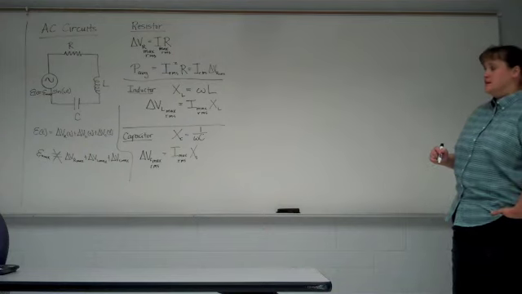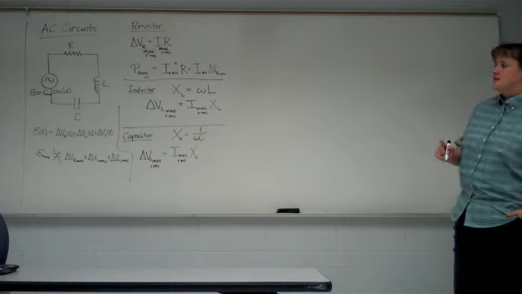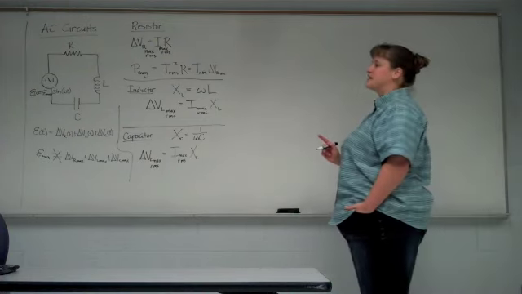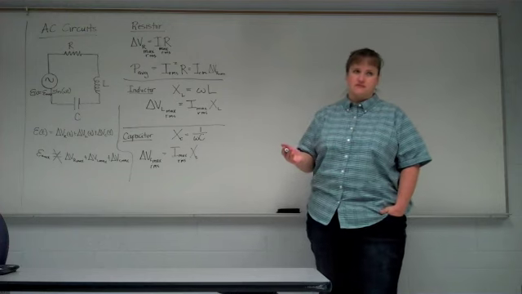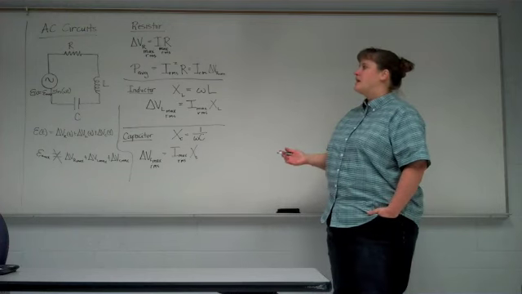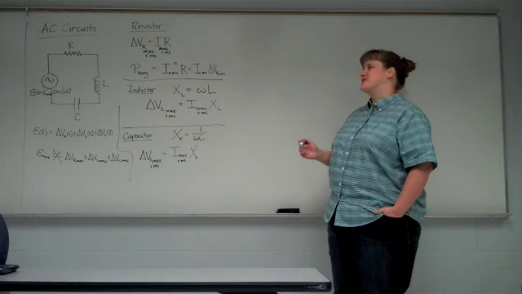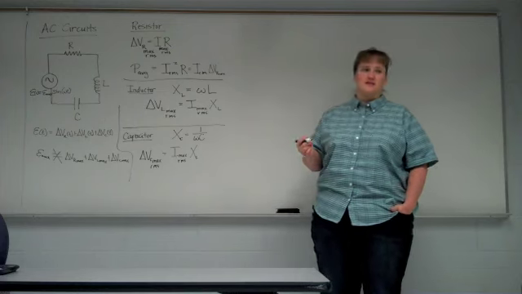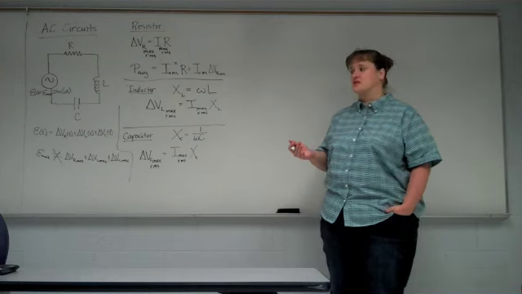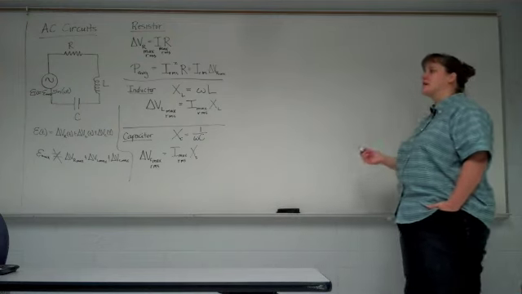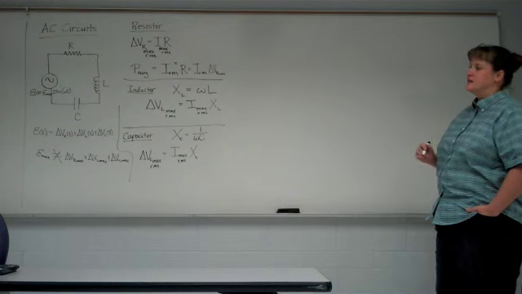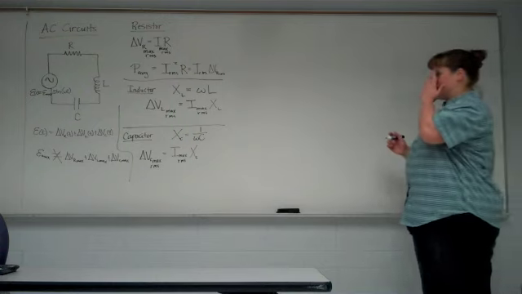Okay. So the question is, how do we look at this as a whole circuit? It's not like resistors in series where we can simply add up the resistance and have a total resistance of the circuit. It doesn't work that way because of the in and out of phase business we've got going on.